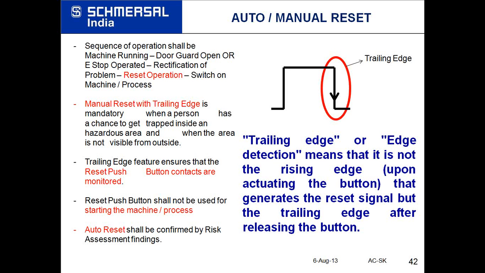After the rectification of the problem, you reset the operation, and then only you should switch on the process. Many times it may not be possible, but then this should be one of the requirements from risk assessment, whether a reset is required or not.